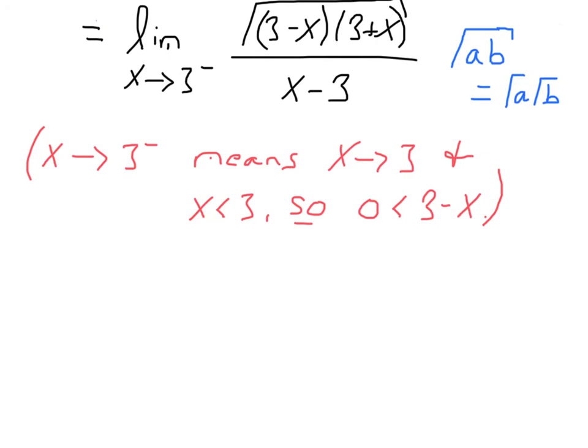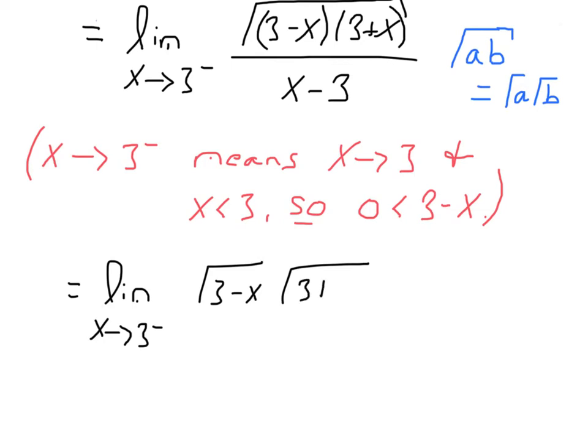So this is equal to the limit as x tends to 3 from the left of root 3 minus x times root 3 plus x. Alright, so that's good. And now, somehow, as we said, we're going to want to cancel this x minus 3, it would seem, with this root 3 minus x.